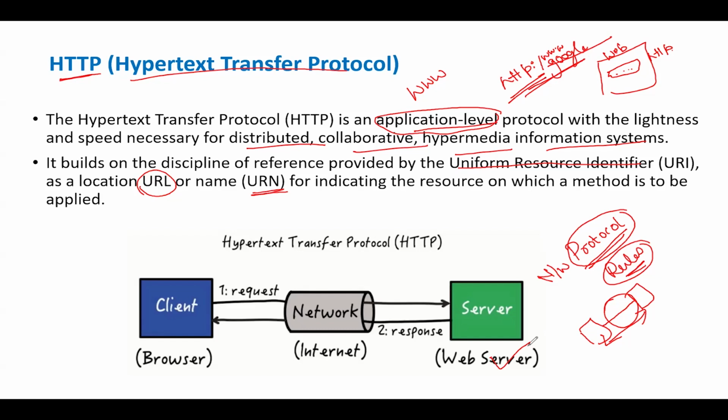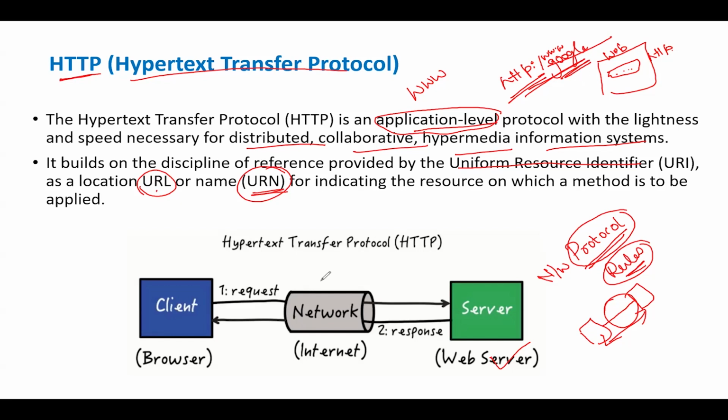So URL stands for Uniform Resource Locator, and URN for Uniform Resource Name. It uses these for indicating the resource on which the method is to be used. So using any of these three, it will find out which is the resource.